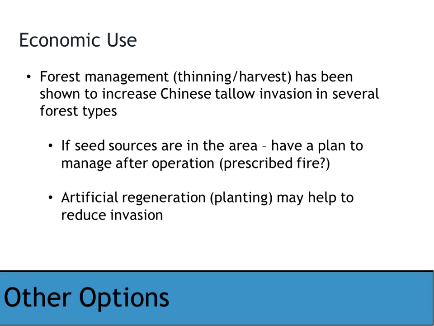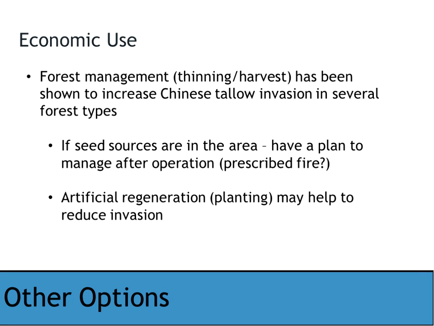In our system, where we have a pine overstory and we can use frequent prescribed fire, that's what we would use. It's a little bit different when you have a bottomland hardwood area with Chinese tallow invasion, so that would have to be site-specific on what you're going to use to control Chinese tallow.